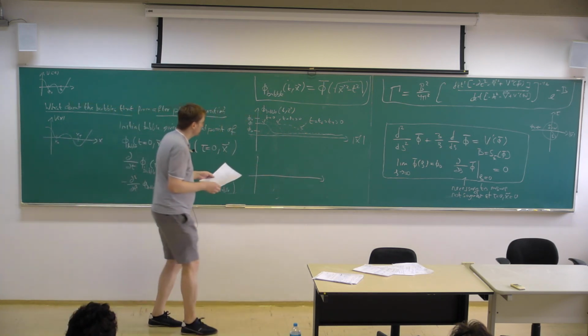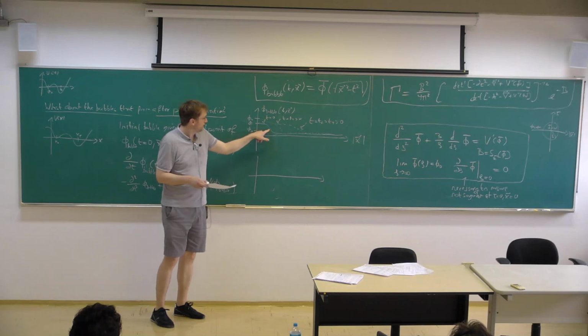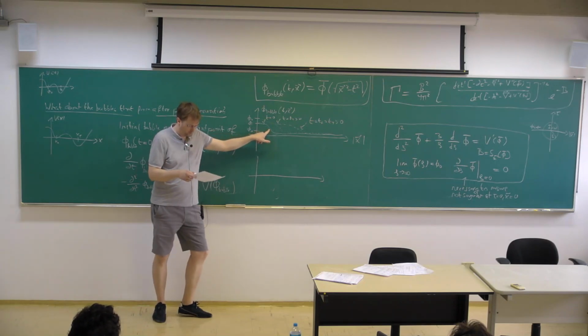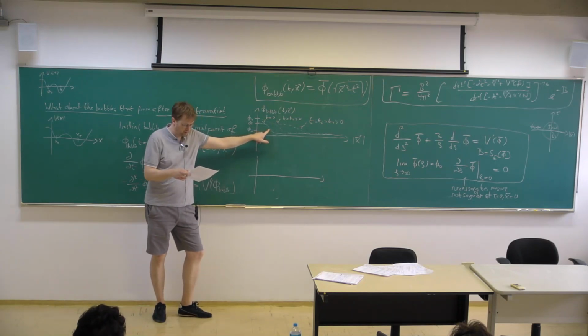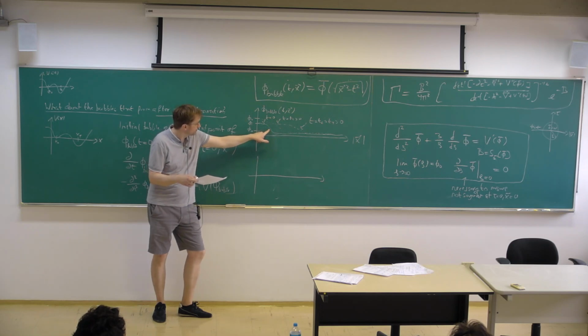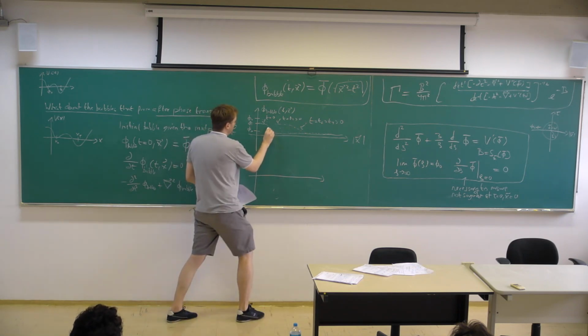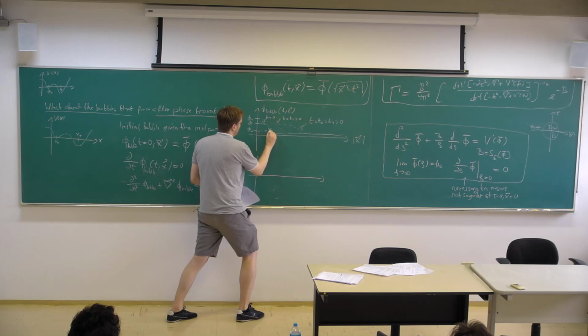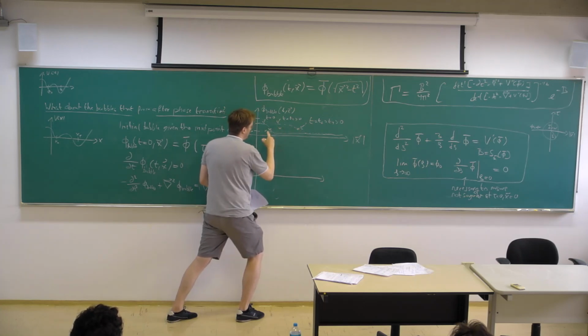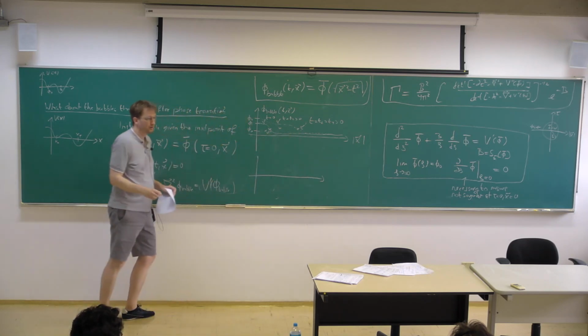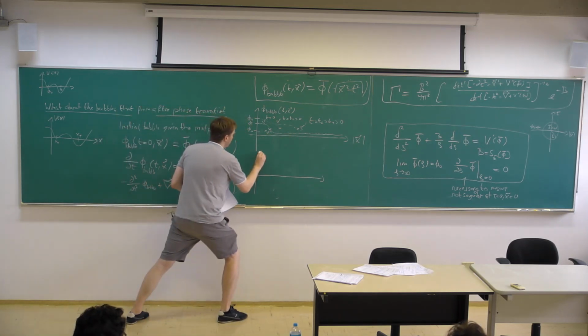Okay, so let me draw the time dependence of a given point along this profile, how it evolves in time. Let me call this point x_b of t. I want to follow how it evolves in time.